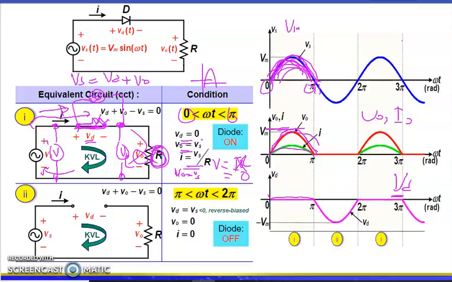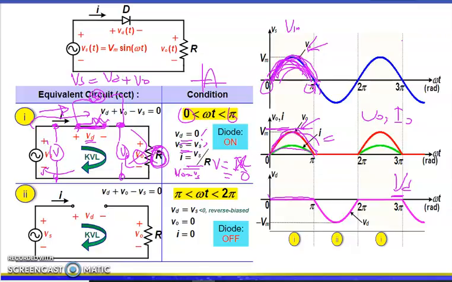Let's say VD is 0 from 0 to pi. V out is equal to Vs, and I is equal to Vs over R. Okay, this is for the positive cycle.